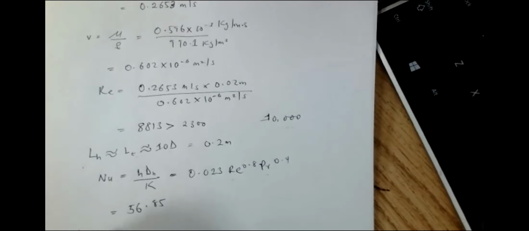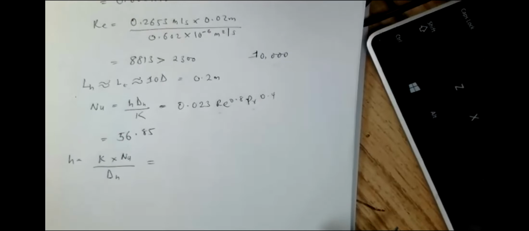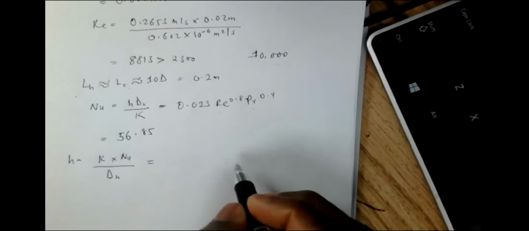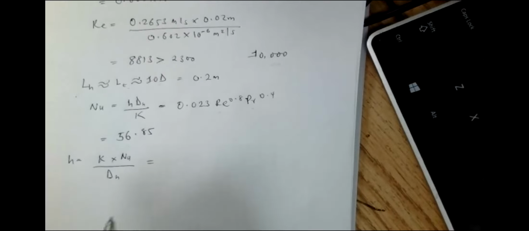We have h to be k multiplied by Nusselt number divided by the diameter. We also have everything we need here to compute this value.